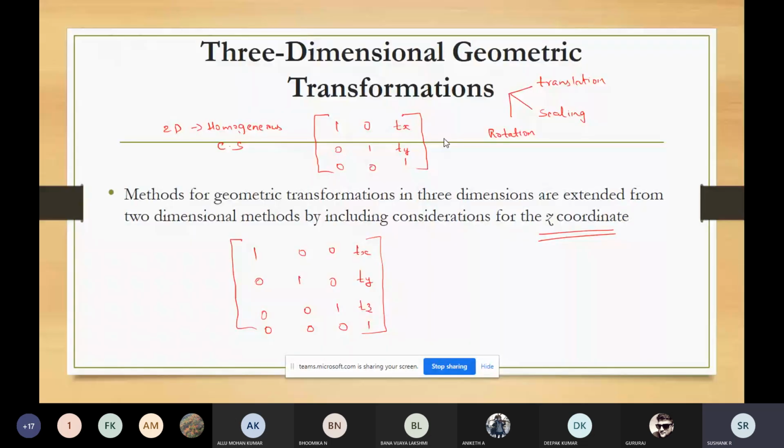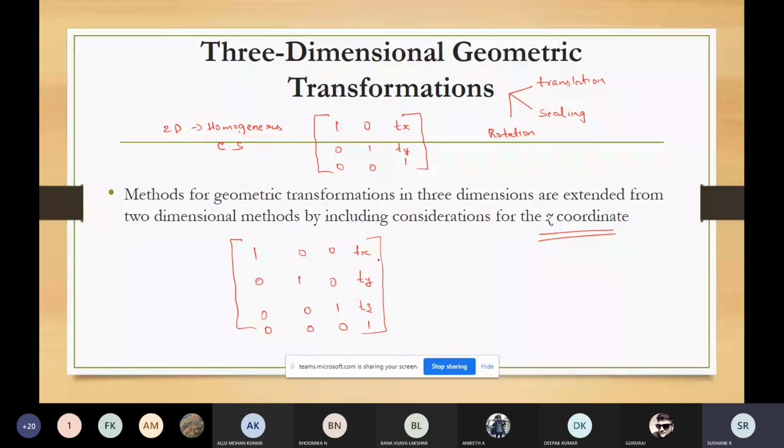So we are considering a 4 cross 4 matrix. In 2D transformation, we were talking about a 3 cross 3 homogeneous coordinate representation. But here we will be talking about a 4 cross 4 matrix.